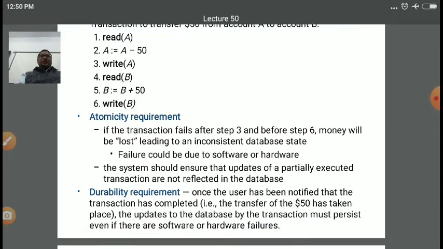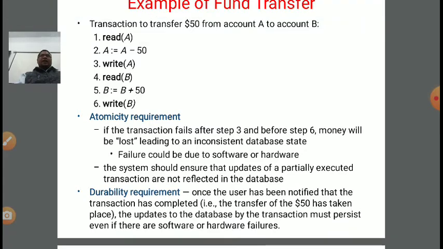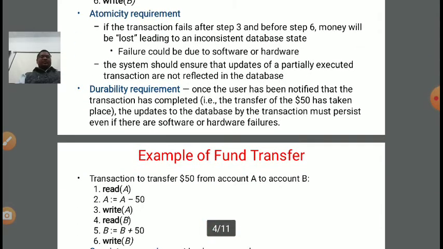So we need to ensure that the transaction state is durable until all the steps we have done have been reflected in the database fully, right?